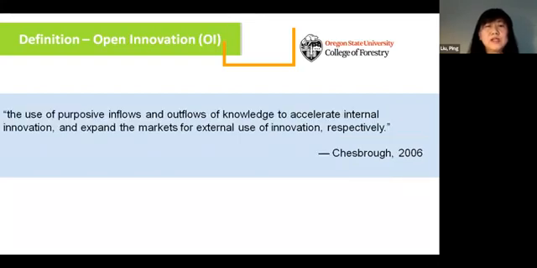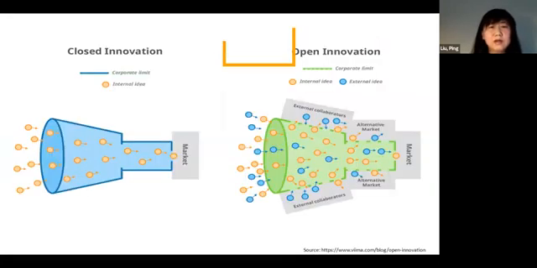And open innovation is defined by Chesbrough in 2006 as the use of purposive inflows and outflows of knowledge to accelerate internal innovation and expand the markets for external use of innovation, respectively. Here are two figures that help us to understand this definition.